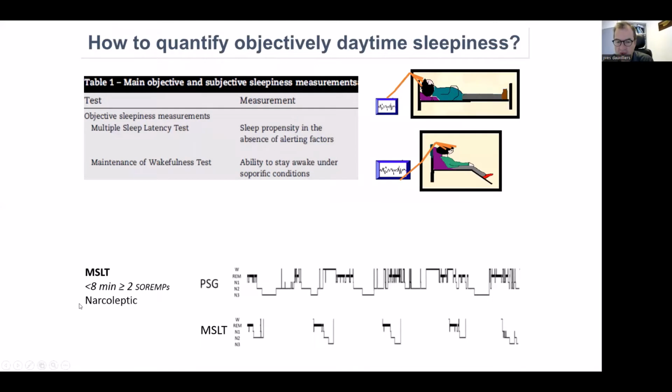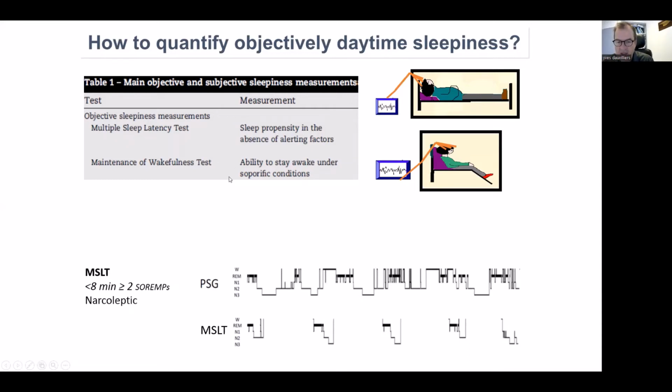As you can see here, after the polysomnography during the night, you propose this MSLT with the 5 naps, and you quantify the sleep propensity, the sleep latency, and whether the patient falls asleep in REM sleep or not. This is very helpful for patients with narcolepsy. They are very sleepy, below 8 minutes, and they fall asleep in REM because of the dream content.